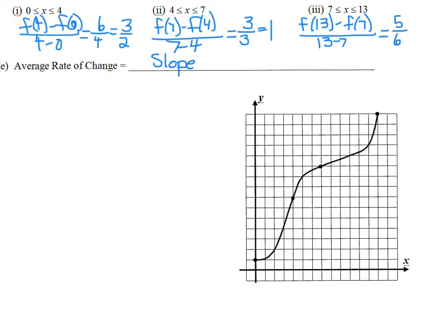So for the first interval from 0 to 4, I'm going to connect the point at 0 to the point at 4, and I should see that the slope of this line segment, m, is actually equal to 3 over 2. I could count that out as well. Up 3 over 2, up 3 over 2, giving me that slope.